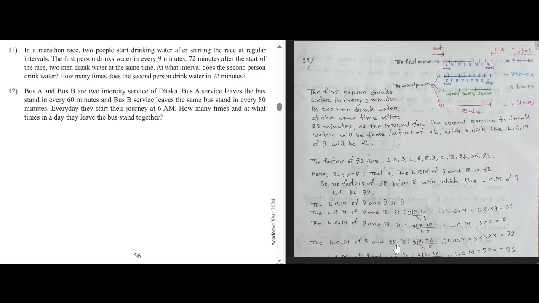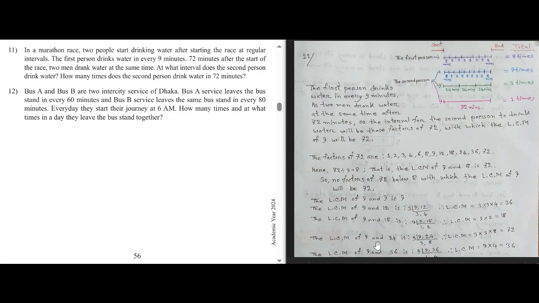The LCM of 9 and 24 is 72. So we have got two numbers, one is 8 and another is 24. Of those, the LCM with 9 is 72 individually.